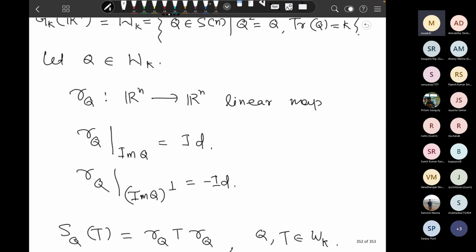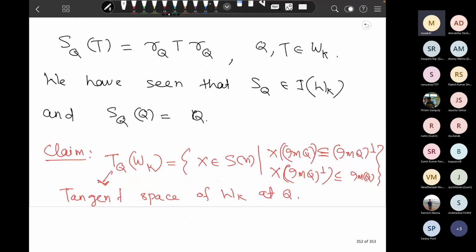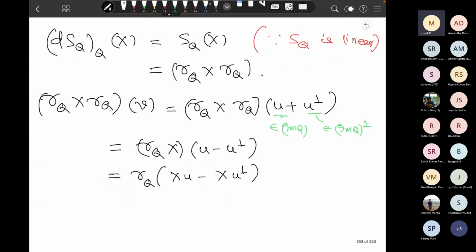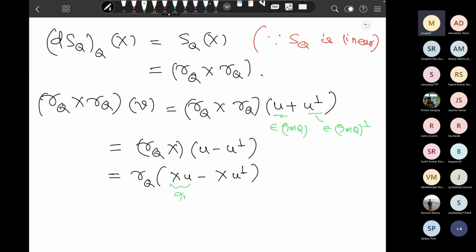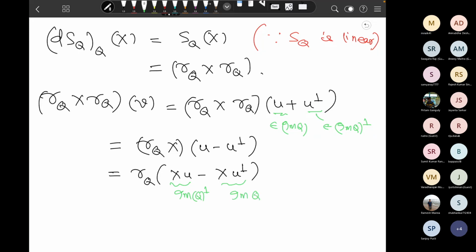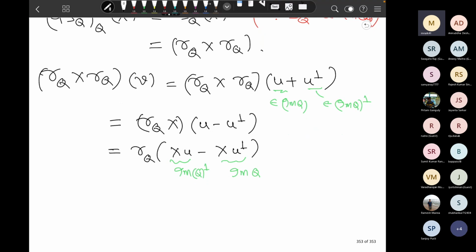Now if you look at the tangent description, X of the image of Q sits inside the image of Q perp, and X of the image of Q perp sits inside the image of Q. For that reason Xu belongs to the image of Q perp and Xu perp belongs to the image of Q. Since R_Q Xu belongs to the image of Q perp, this will be minus Xu, and this is minus of Xu perp.